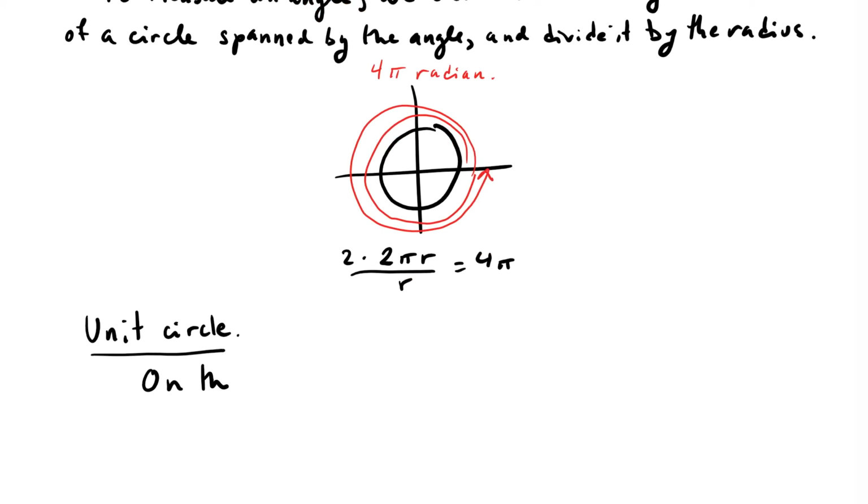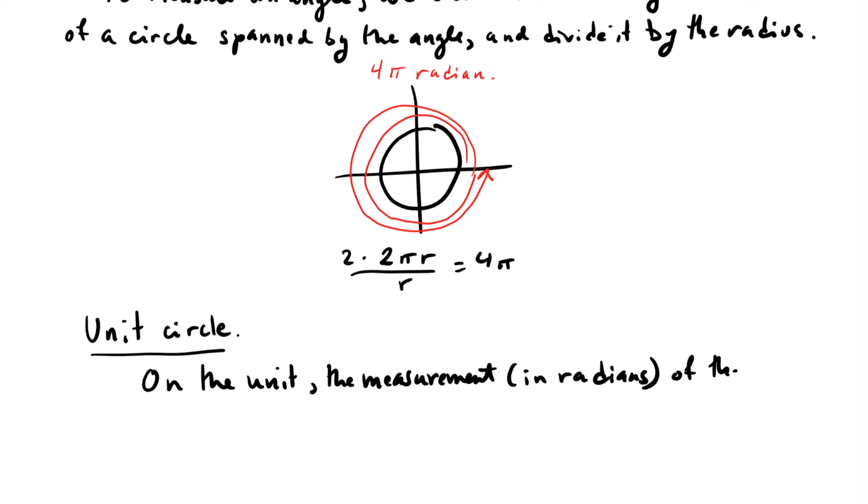So on the unit circle, the measurement in radians, of course, of the angle is the measurement of the arc length.